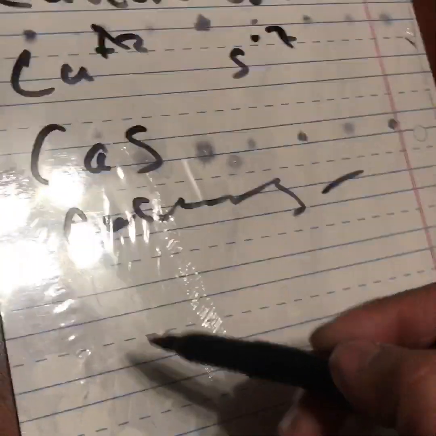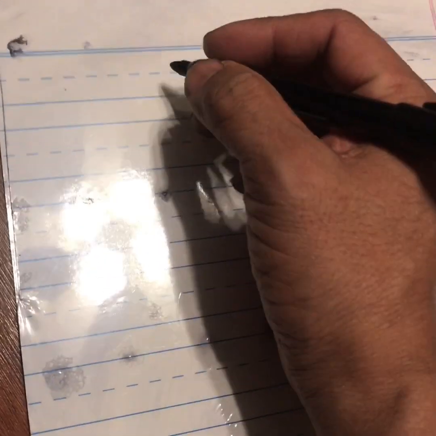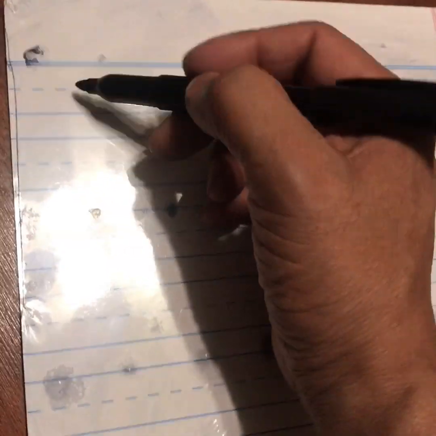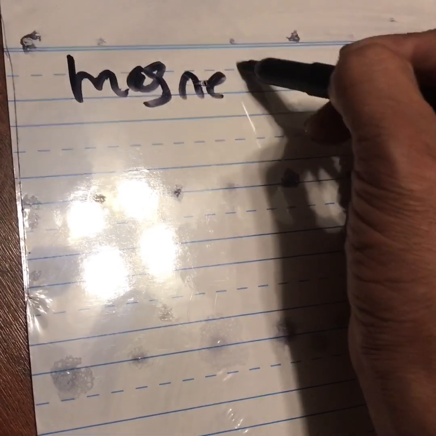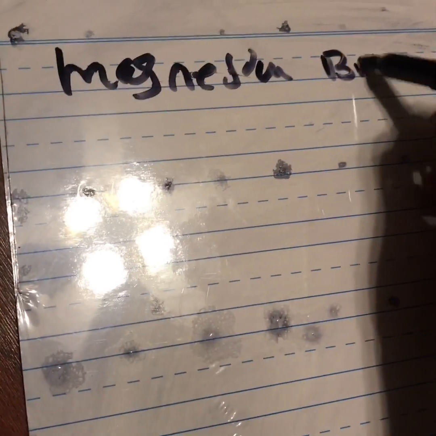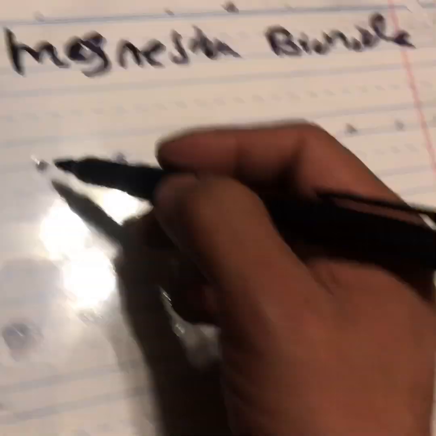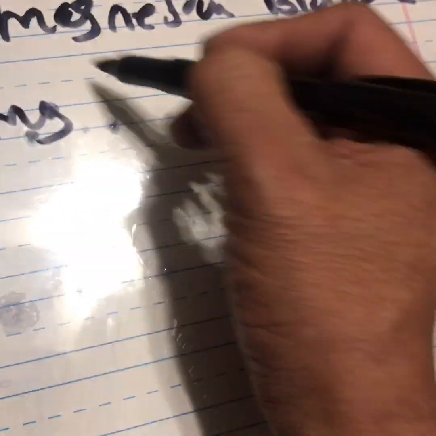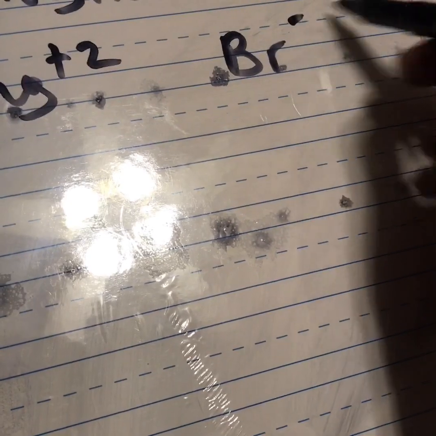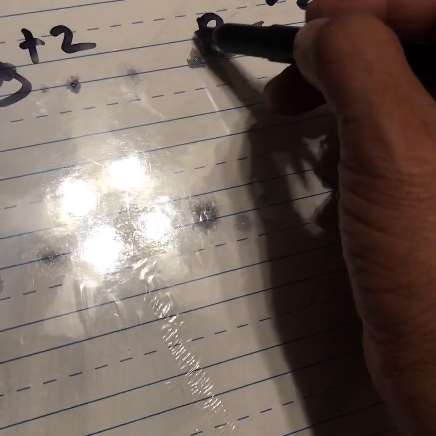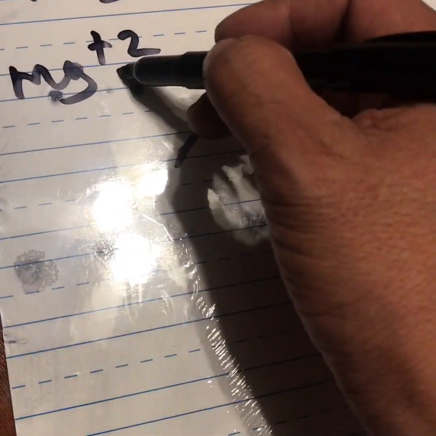Another similar example for the polyatomic ions, we can simply have magnesium bromide, with magnesium having a positive charge of 2 and bromide having a negative charge of 1. In this situation, we want to crisscross.